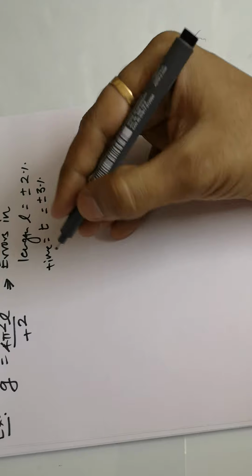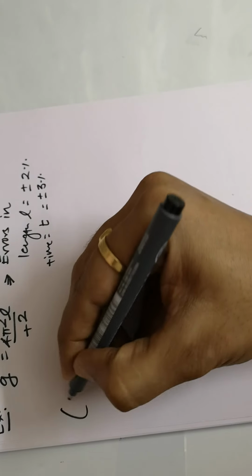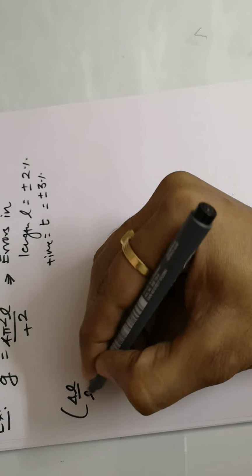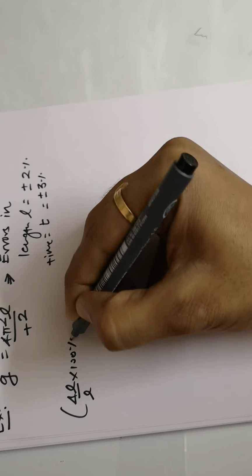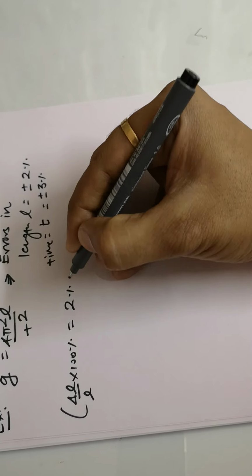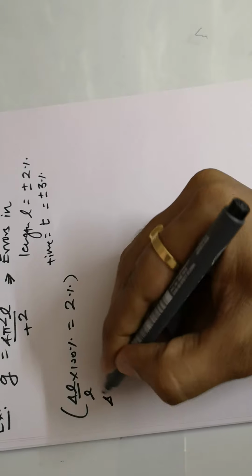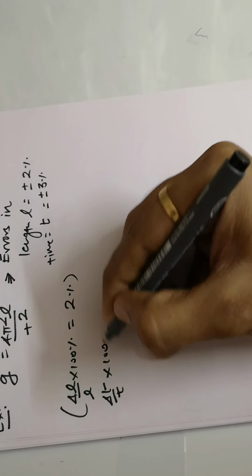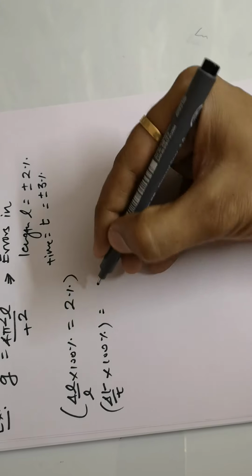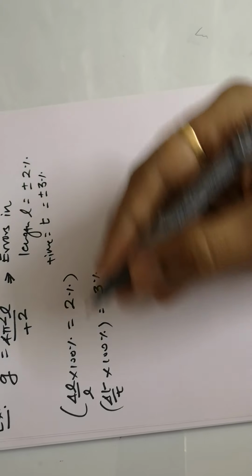Whenever percentage data is given to you, indirectly you have to consider that they are dealing with delta L by L multiplied by 100%. Directly they are giving you 2%. Delta T by T multiplied by 100% directly gives you the data, that is 3%.